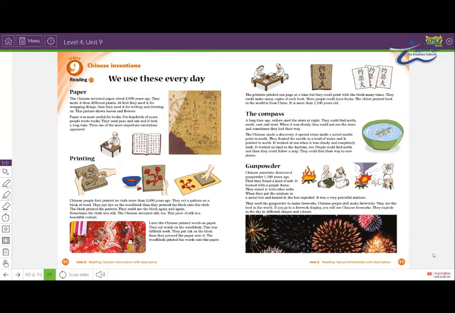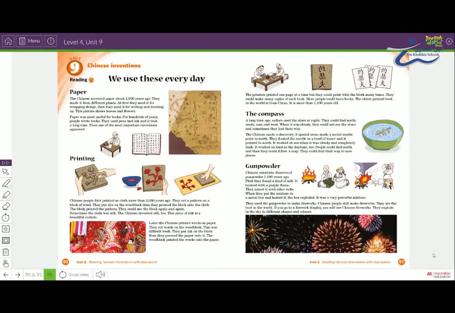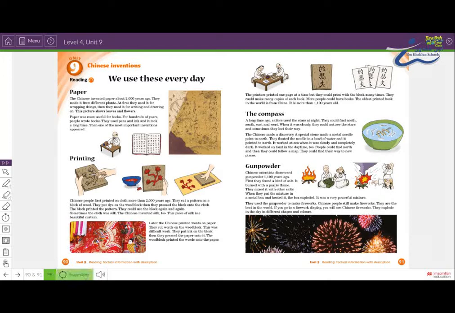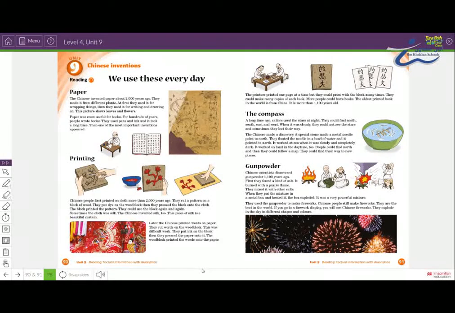What else? The notebook, of course, is made of paper. If you have a poster on the wall, it's made of paper. And if there is a map, it's made of paper also. Okay.